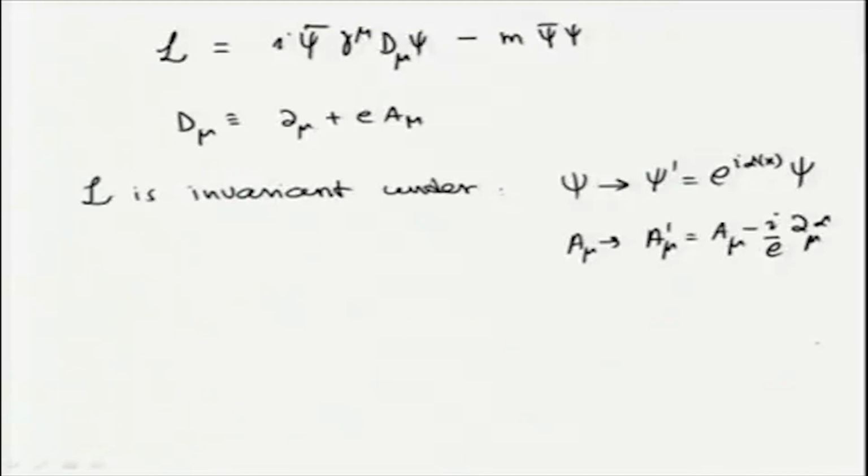Together they make sure that the Lagrangian is invariant under these two transformations. So, we have a way out of this.